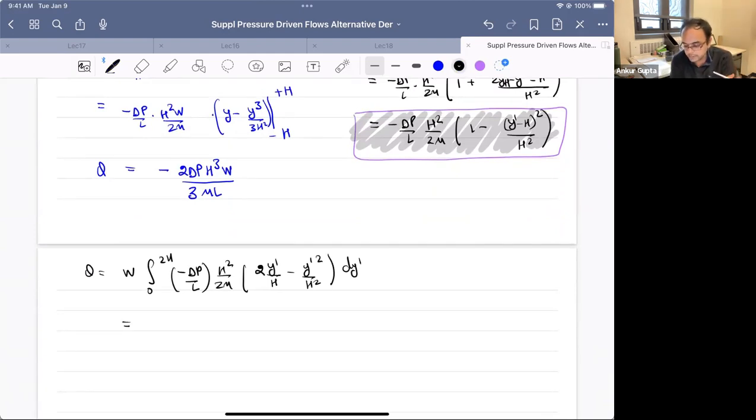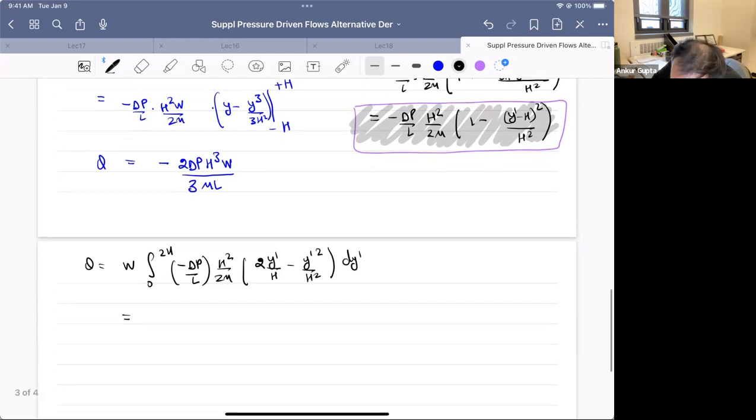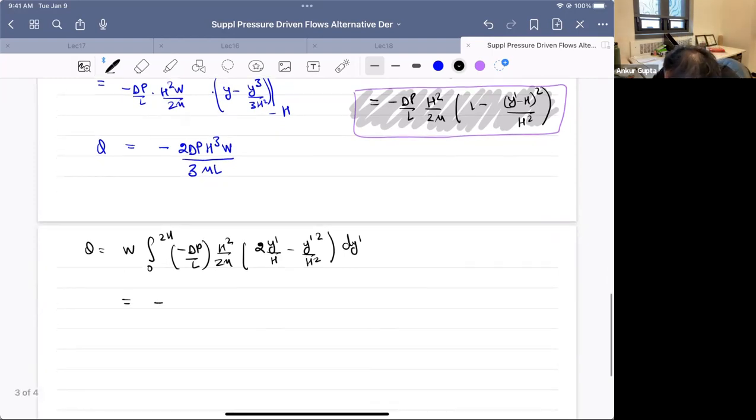And if you do that, basically what you will find is minus delta p by L h square W by 2 mu.